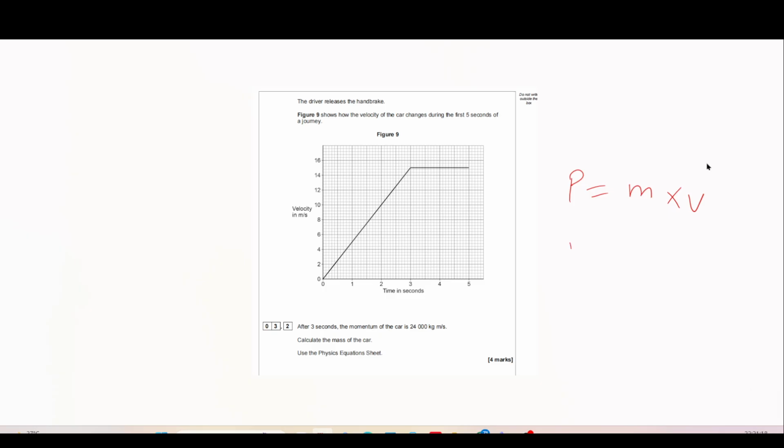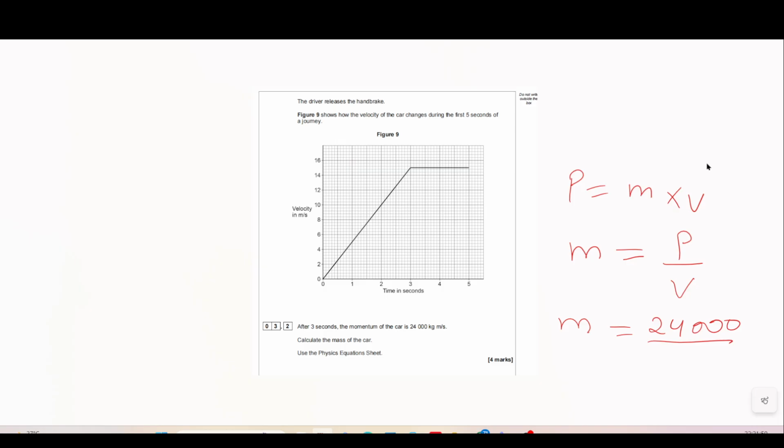So mass is going to be, mass equals momentum divided by velocity. So momentum is 24,000 kilogram meters per second, divided by, and then you do velocity during first 5 seconds.